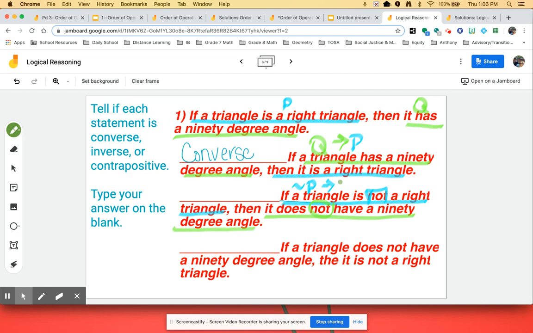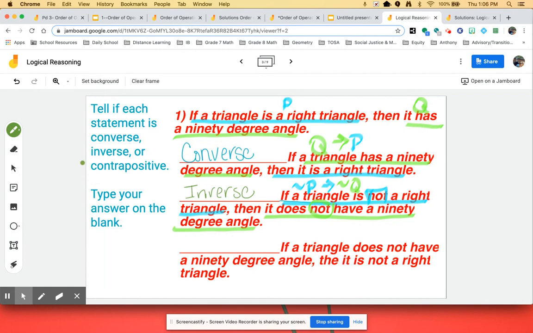So not P, then not Q. So we're going back to the original statement, and when we just negate the statements, making them not, then our answer is inverse. This is the inverse of the statement.